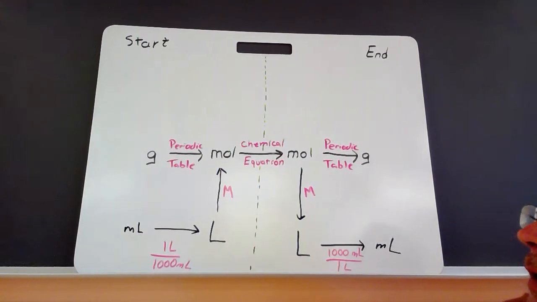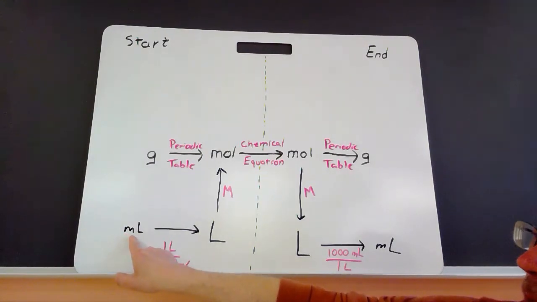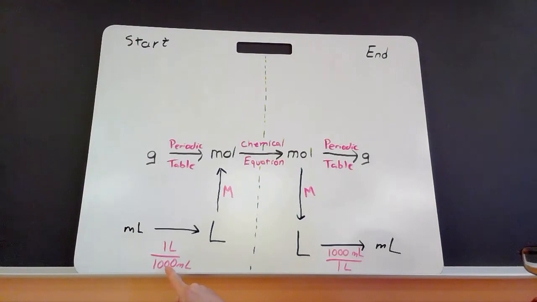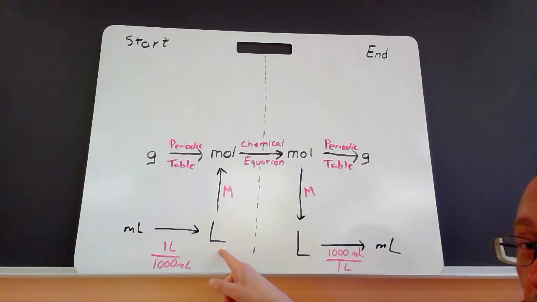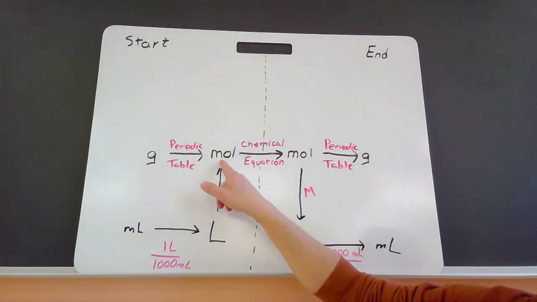So let's say the problem gave me a number in milliliters and asked me to find an answer in grams. My first fraction I would set up with the number that they gave me. My second fraction would be the conversion factor, and then I would have liters. My third fraction, I would use the molarity to change that into moles.